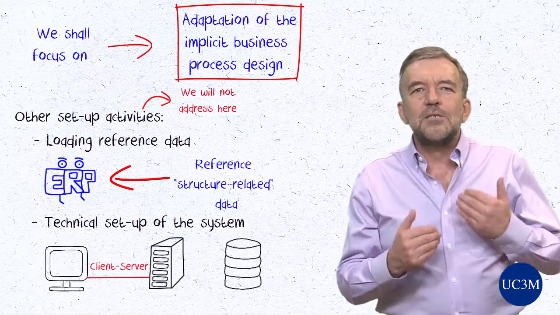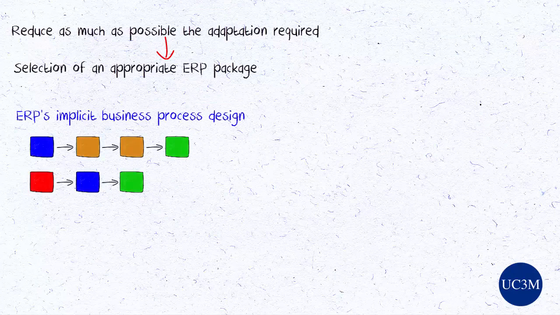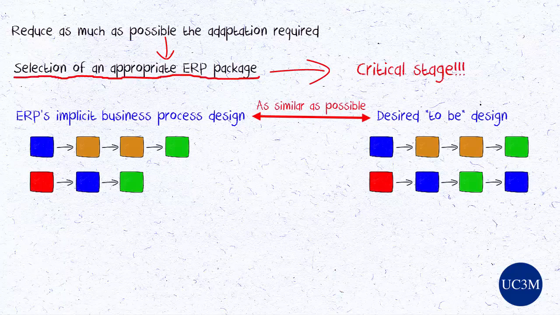Back to the business process convergence, the first step is obviously to reduce as much as possible the adaptation required by choosing an ERP package whose implicit business process design is as similar to the desired to-be state as possible. Thus, a critical stage in the ERP implementation project is the selection of the appropriate ERP package.